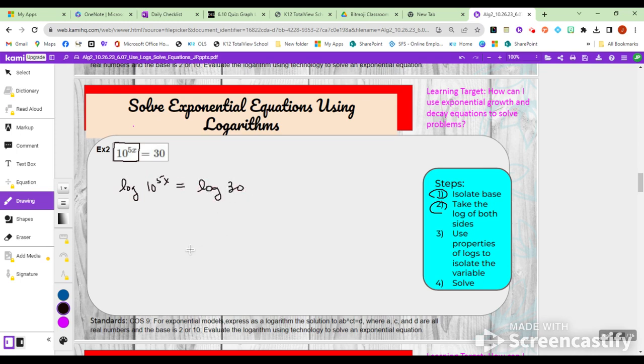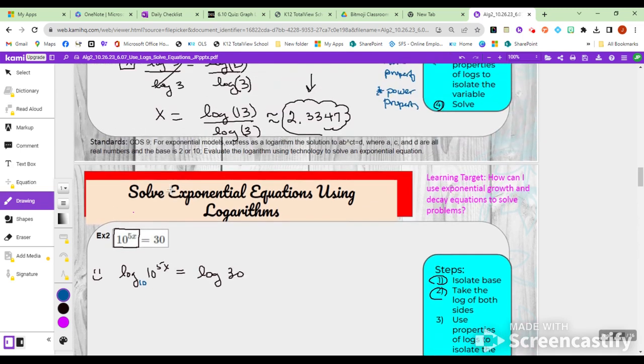Now this problem actually has a shortcut, because I do have something that simplifies. So I'm going to put a little happy face right here. My log, remember, is a common log, and it has an understood base of 10. So when your log has the same base as what follows it. I'll say that again. When your log has the same base as what follows it. That did not happen in example 1.